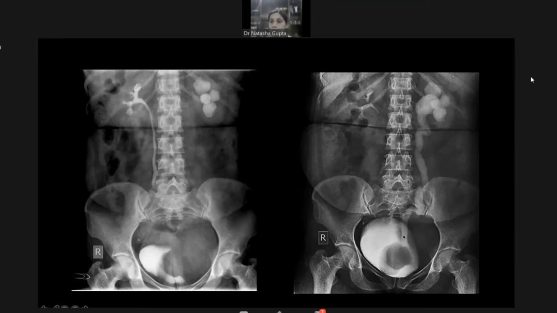This is important. Yes, okay, so there are just 2 X-rays that are given to you, so you have to pick all the important findings. So how does this help us? Can this filling defect within the bladder produce this kind of a superomedial displacement of the ureter? Ma'am, unlikely. So now we also have to keep one possibility that maybe there is one exophytic mass which is having this mass effect and also maybe extending into the VUJ.